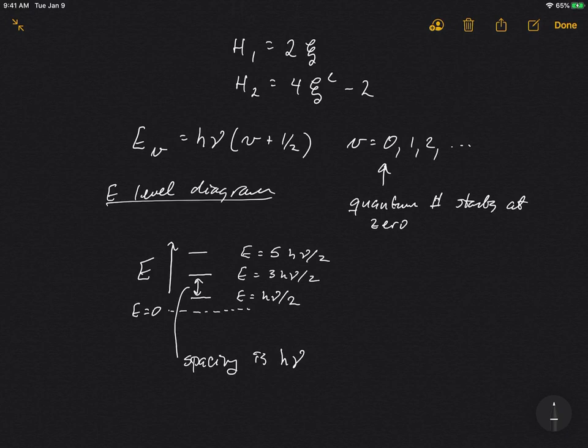And so you end up with this evenly spaced ladder of states. Comparing and contrasting with the particle in a box, it was not an evenly spaced ladder. The spacing between the rungs of the ladder gets bigger as you go higher in quantum number. In this case, evenly spaced.